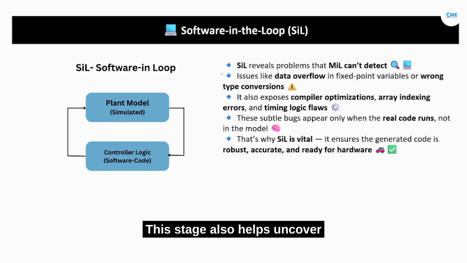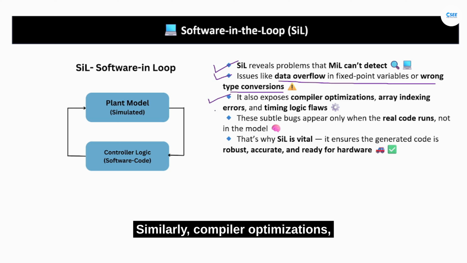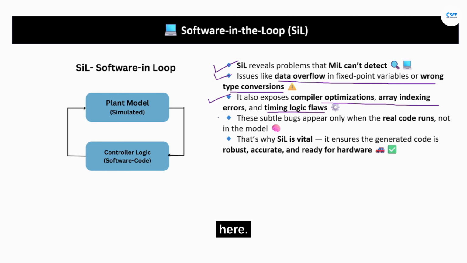This stage also helps uncover code-level issues that couldn't appear in pure modeling. For instance, a data overflow in a fixed-point variable or an incorrect type conversion might not show up in MIL, but it will surface during SIL. Similarly, compiler optimizations, array indexing errors, or timing logic can be evaluated here.